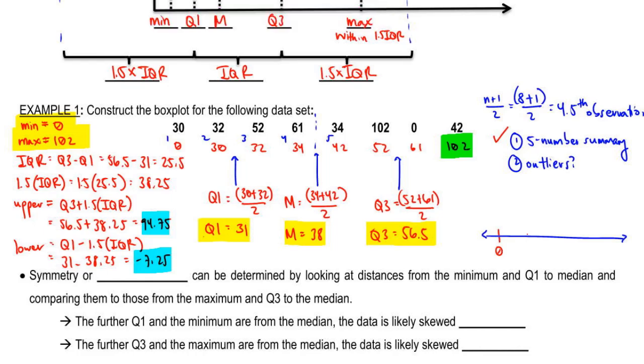What's next? Next in line is our median, which is 38. So I'm going to kind of draw this to scale. Next is Q3, which is 56.5. Right? And now, our maximum is 102, right?